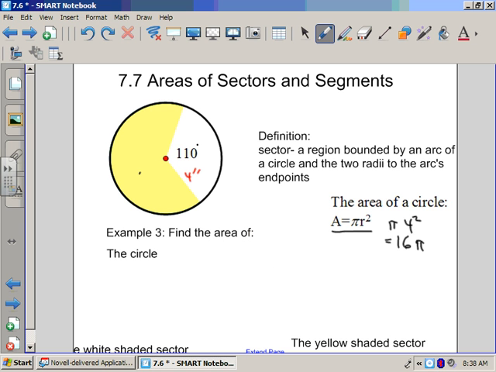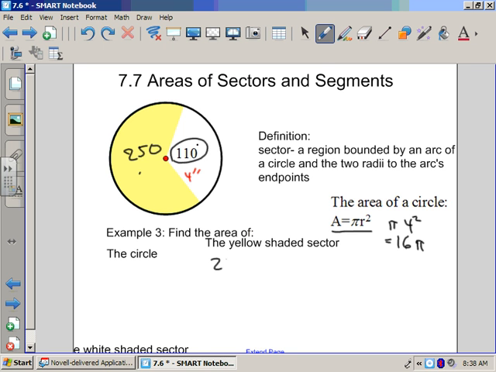What is the area of the yellow shaded region? Well, the central angle for the white shaded region is 110 degrees, so the central angle for the yellow shaded region must be 250 degrees, so the whole thing equals 360 degrees. So the yellow proportion of the circle is 250 degrees out of the total 360 degrees, and I'm going to multiply that by the area of the circle, which is 16 pi.